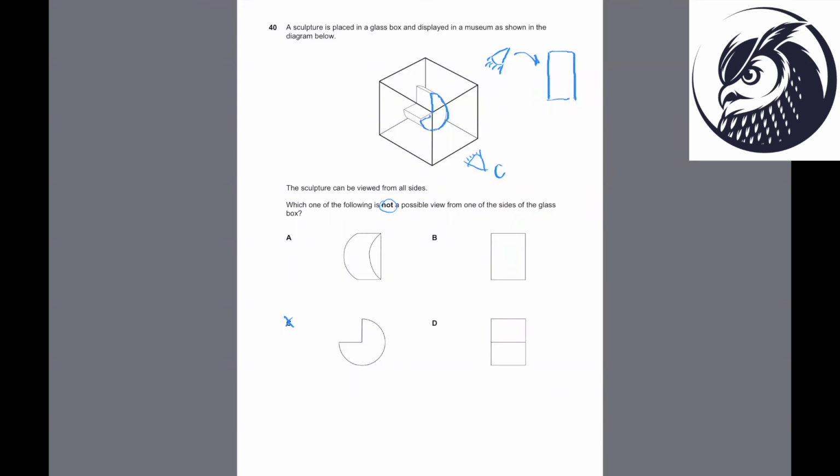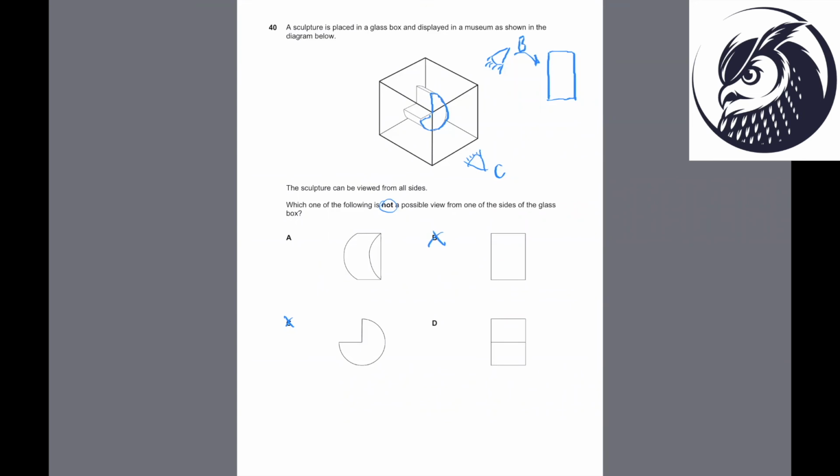All right. And if you don't believe me, just have a look at a cylinder or any sort of can, like a can of Coke. If you look at the can of Coke from right behind it, it almost looks like a rectangle, doesn't it? And so that's exactly what it would look like in this case. So answer option B is what you would see if you looked from behind the cube.